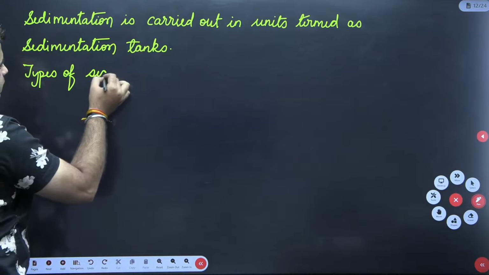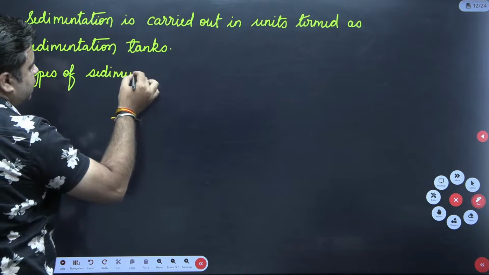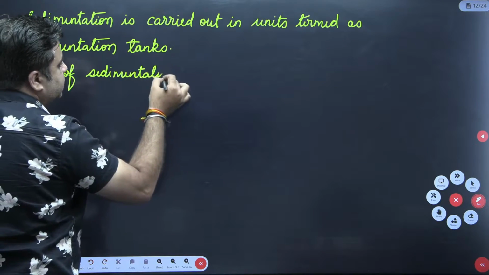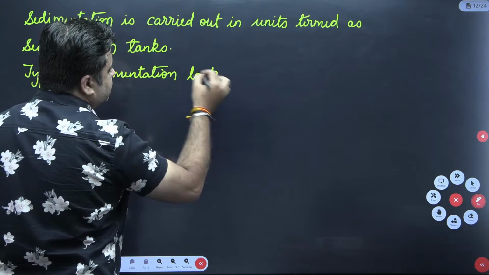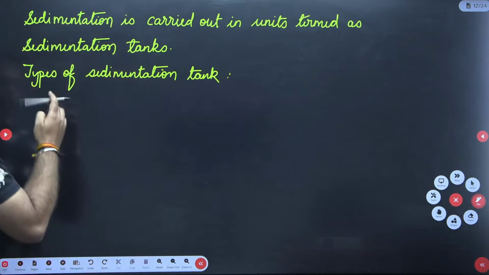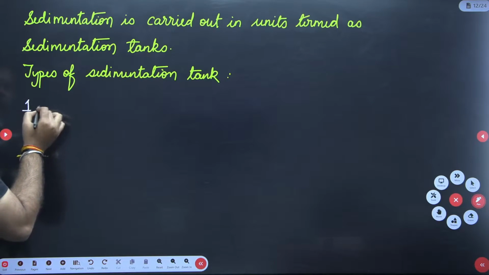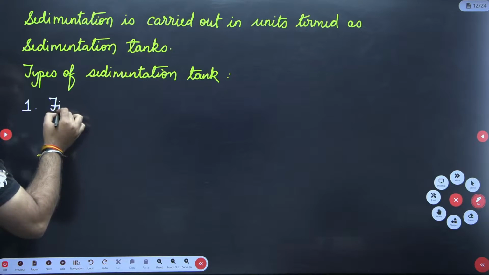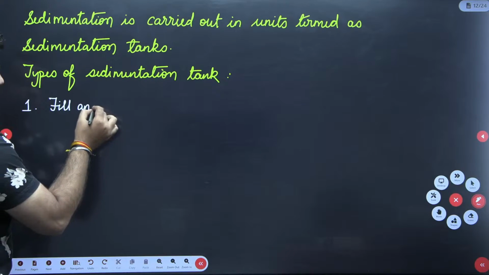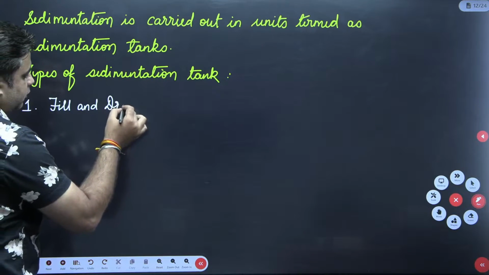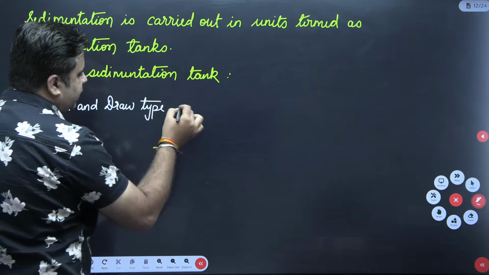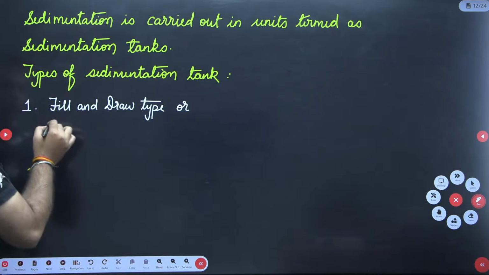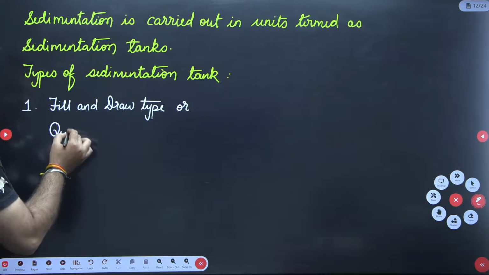Types of sedimentation tank. So the first type of sedimentation tank is known as fill and draw type sedimentation tank, and the other name for this is quiescent type sedimentation tank.